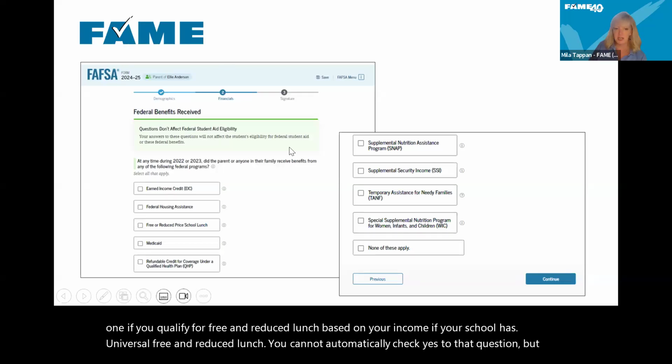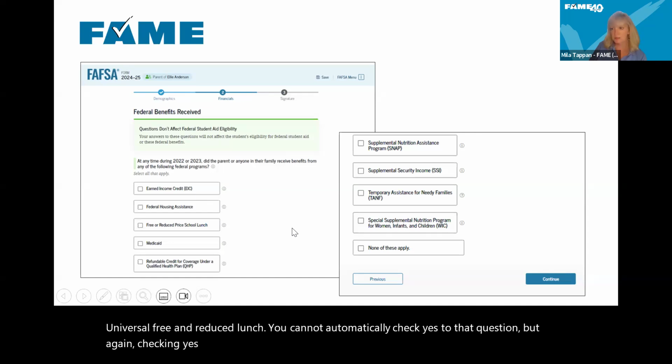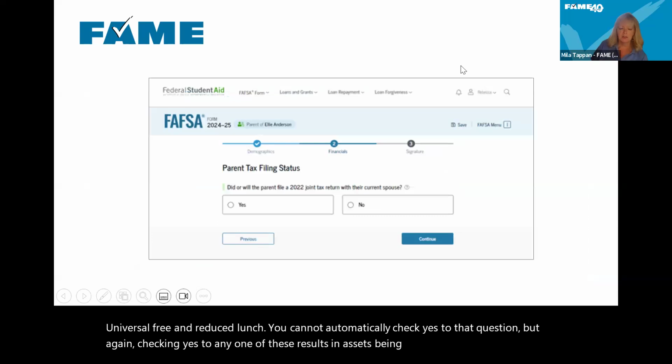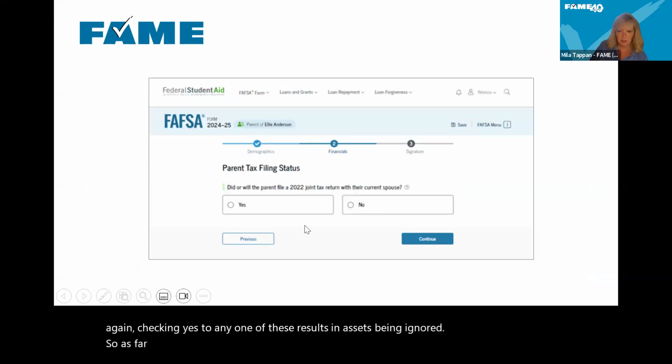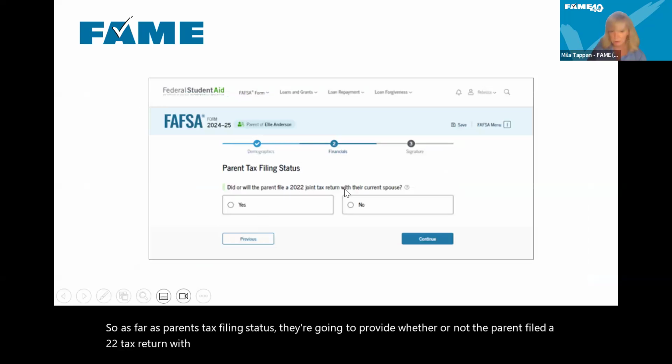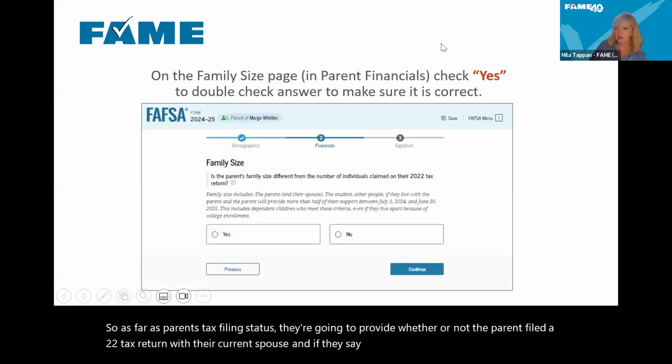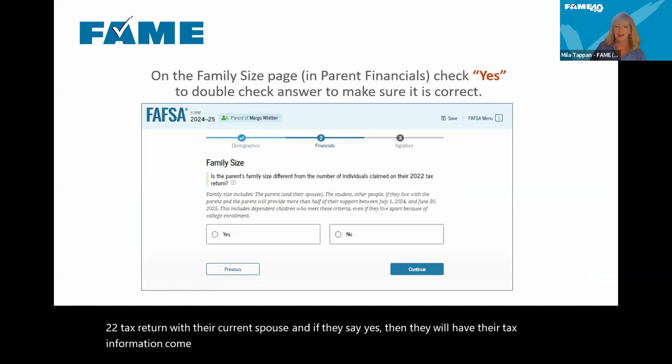But again, checking yes to any one of these results in assets being ignored. So as far as parents' tax filing status, they're going to provide whether or not the parent filed a 22 tax return with their current spouse. And if they say yes, then they will have their tax information come over automatically, okay?